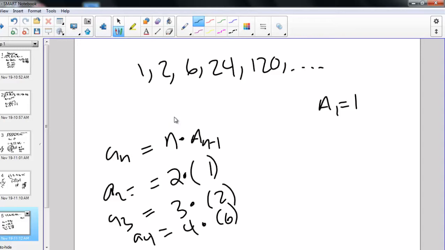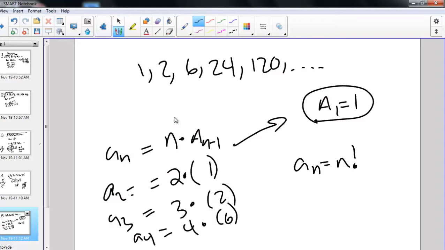Writing things recursively is you write the first term down, and then you define each subsequent term as something that deals with the last. The general term for this, though, if you were looking to write this as an expression, is actually n factorial.